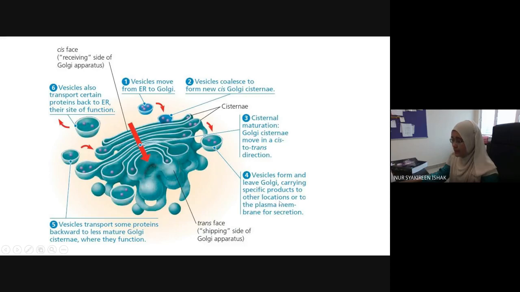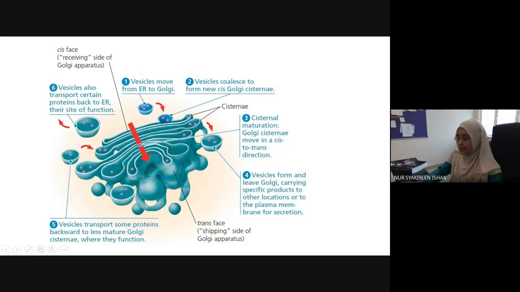Okay, so other locations refers to, for example, the Golgi apparatus will produce hydrolytic enzymes. Okay, so these hydrolytic enzymes are packaged inside lysosomes. Maksudnya untuk hasilkan lysosome adalah daripada Golgi lah. Okay, so for example, this vesicle will become a lysosome later.